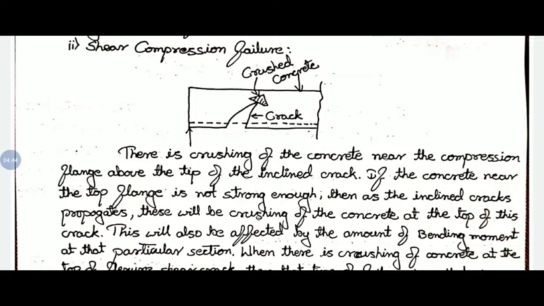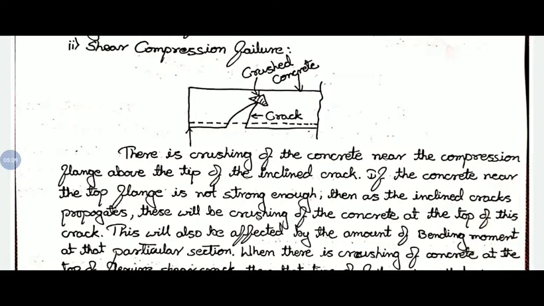Obviously when deflection occurs, the top portion will be under compression and the bottom will be under tension. In that compression zone the concrete gets crushed at the end of the cracks developed from the bottom. That may be around in between the top flange and web.